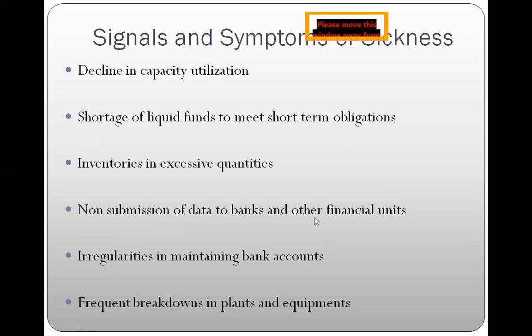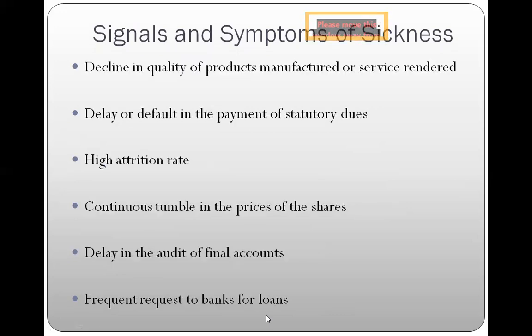So data is not being given. Funds are used more. Irregularity in maintaining the bank accounts. Frequent breakdown in the plant and equipment. Decline in the quality of the product manufactured or the service rendered. Delay or default in the payment of statutory dues.